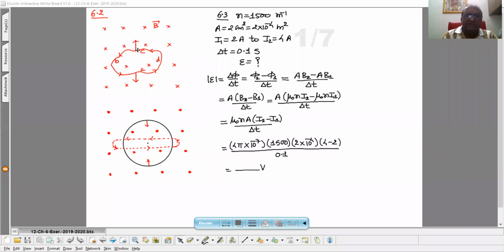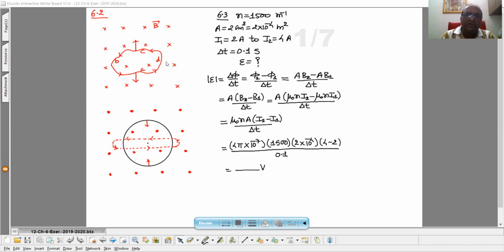Now, this irregular shaped coil or ring is placed in the uniform magnetic field. Magnetic field is perpendicular to the plane of paper going inside. Okay.